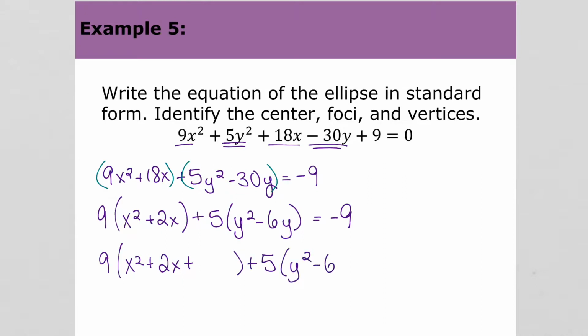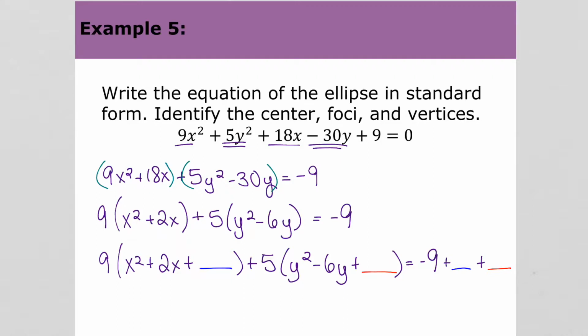So all I'm doing is rewriting what I had in the previous step with some blanks. So we're going to add a blank here. We're going to add a blank here. On the other side, if we add something to the left, guess what? We got to add it to the right. So we're going to add that same blue blank and the red blank to the right.